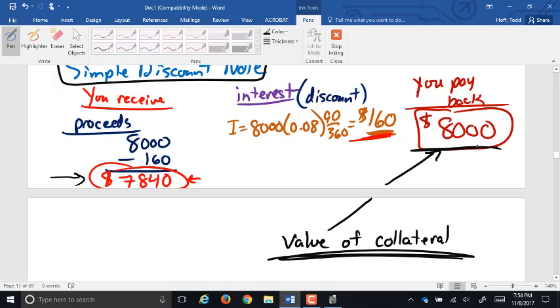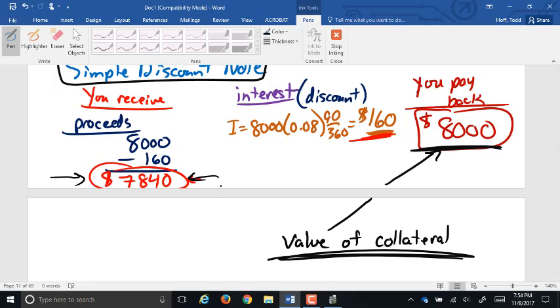Let's say you're a contractor and you have a job that's going to be finished and you've got this much money coming in for that job, but you need to make payroll. So you borrow money for a short period of time to make payroll, and the bank says, okay, you're going to get $8,000 coming in for this job. Once you get the $8,000, hand it over to us. So we're going to discount that amount and give you this much as a loan. Make sense?